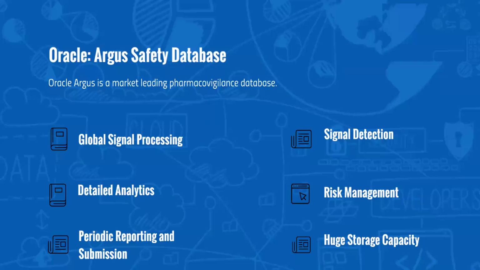That kind of analytics is provided by these databases. Risk management is one more feature. Periodic safety submission can be done from the database itself. Huge storage capacity: as I told you, they have their own network, so they have huge storage capacity.